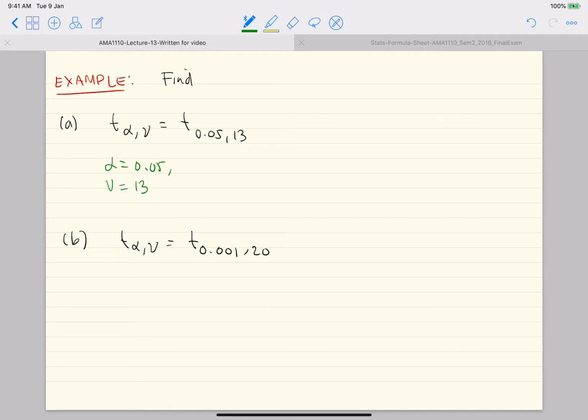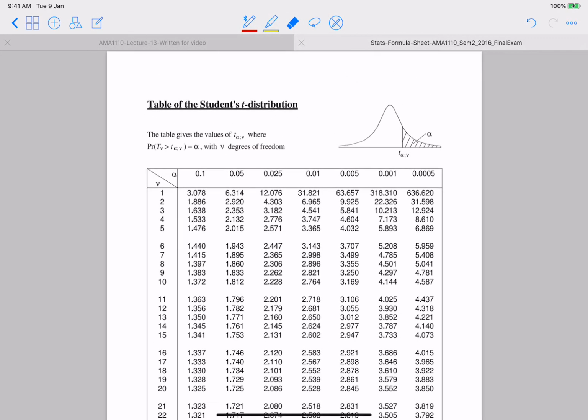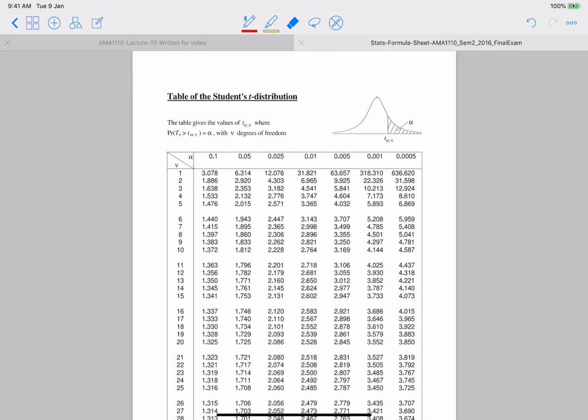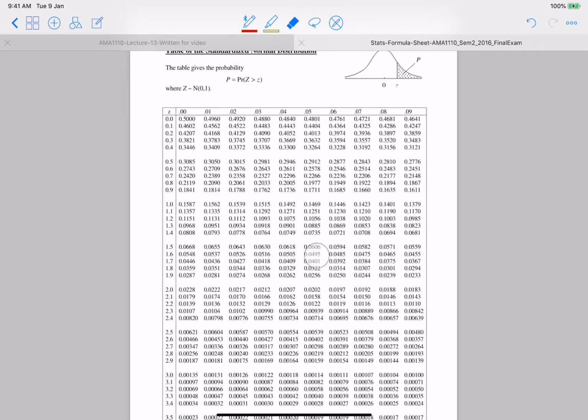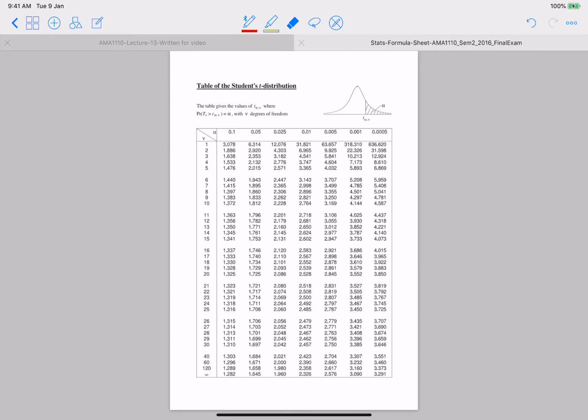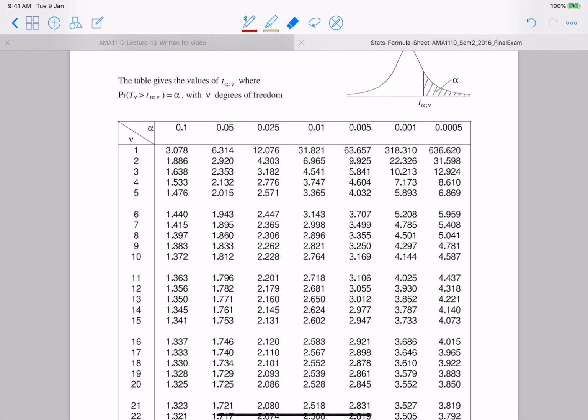Let's look at our standard student t distribution table. It's just like the z table, a right tail table, where the area to the right of t alpha nu is alpha. The difference is that alpha on the top row represents the area to the right of t alpha nu, and nu, the degrees of freedom, is in the left hand column.